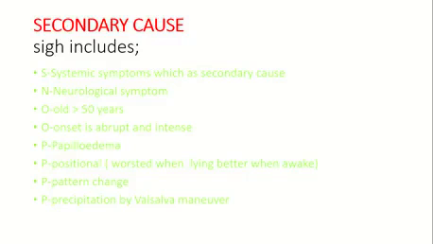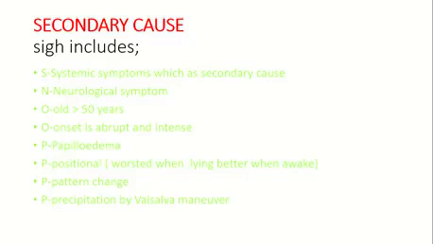SNOOP means S for systemic symptoms, which includes secondary causes like HIV and AIDS, malaria. N is for neurological symptoms. O is for old age, that's above 50 years. Another O is onset that is abrupt and intense. P is for papilledema. Another P is positional, worse when lying and better when awake.